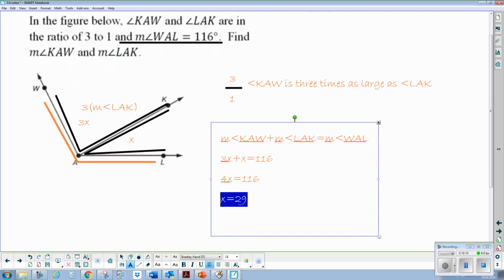That's a weird 9 because of my font. Let's just change that so it's actually legible. So x equals 29. That means that the measure of angle LAK equals 29 degrees.